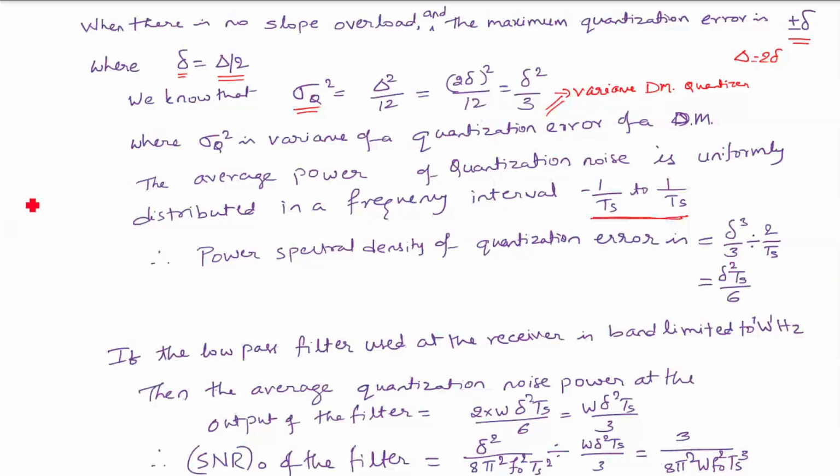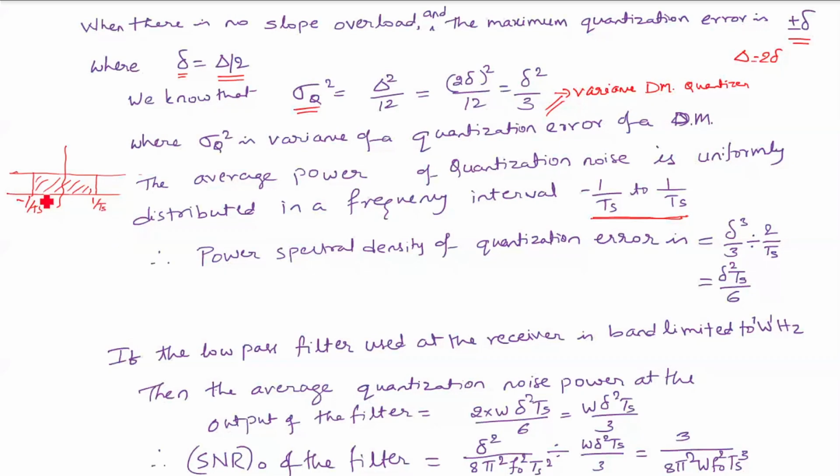Now if I take the quantization noise power spectral density, it is something like this, and the noise power is from -1 by ts to +1 by ts. So you can define the average quantization noise power as this.